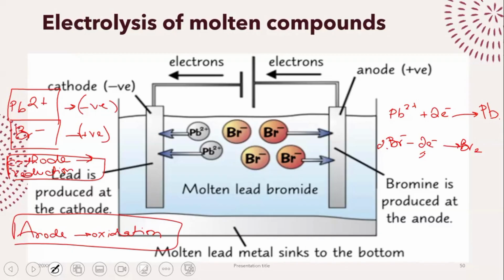There's no reason for it; it's just generally preferred. Examiners like to see the electrons written with a positive sign. So you shift the electrons to the other side of the equation, and your equation becomes 2 bromide ions give us bromine plus 2 electrons. So this is what we see with electrolysis of bromide.